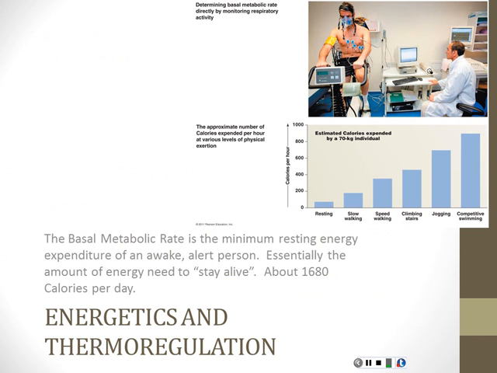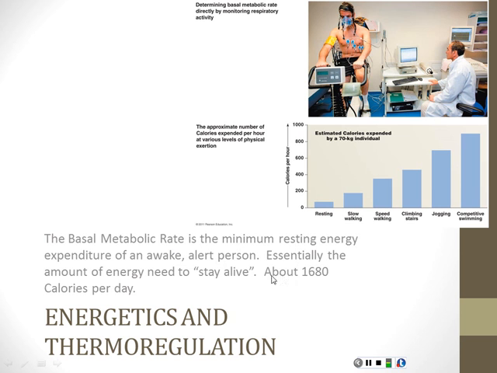It'll burn itself up. So the basal metabolic rate is the energy you need just to stay alive, right? So this is, you haven't done anything yet. This is for an awake, alert person, sitting at rest, doing nothing. So doing no motion, doing nothing more than keeping themselves alive.